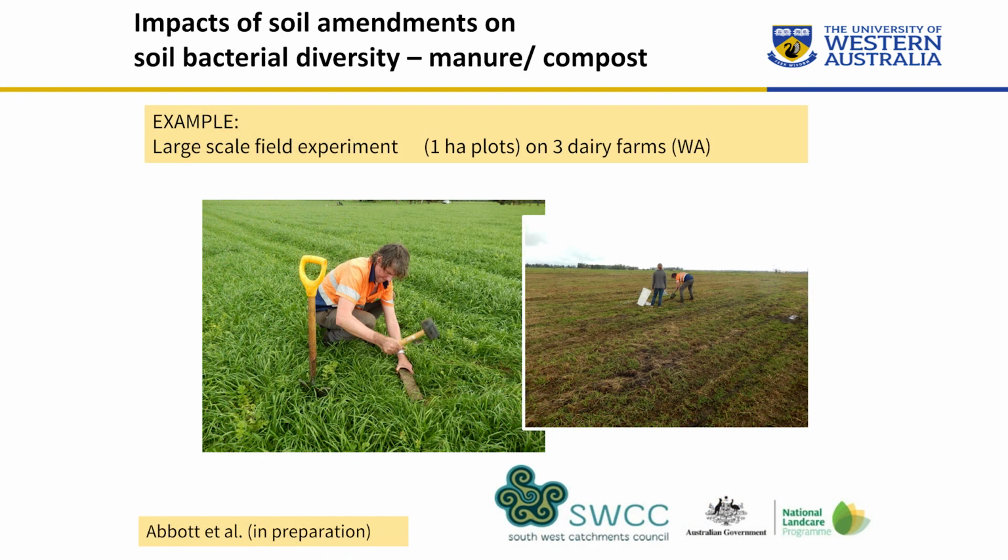Now we've done work with, are there any dairy people here? Nope. So we've done work in dairies south of Western Australia, where in this case with South West Catchments Council we had hectare plots that they'd set up with different soil amendments. I'll talk about that in a minute. Then we were studying the biology of these soils with the different amendments.